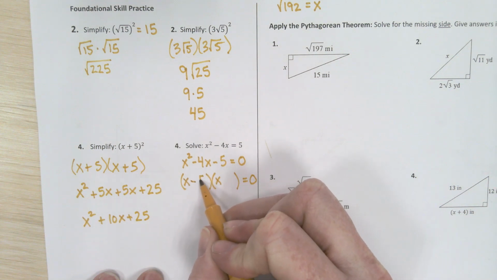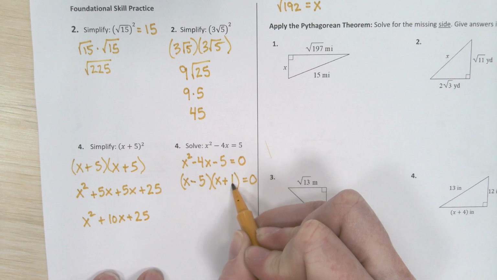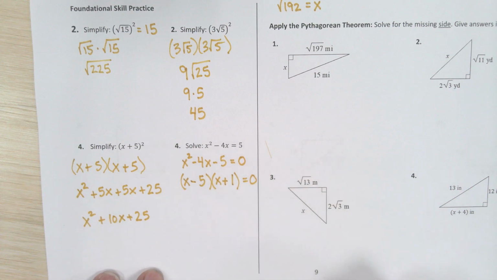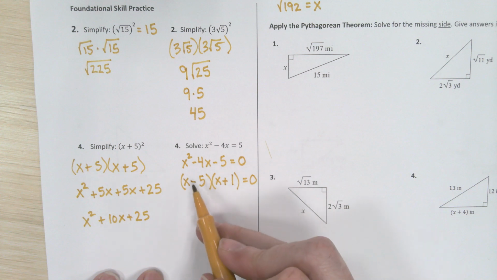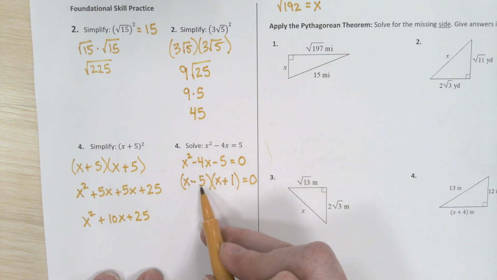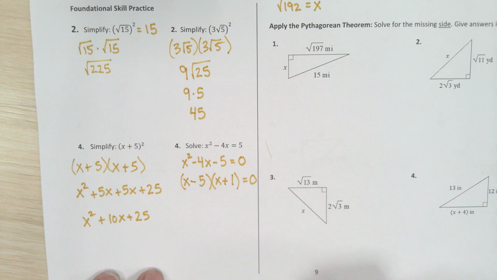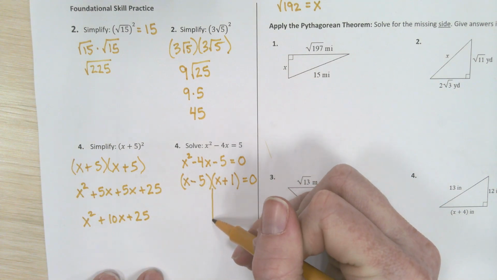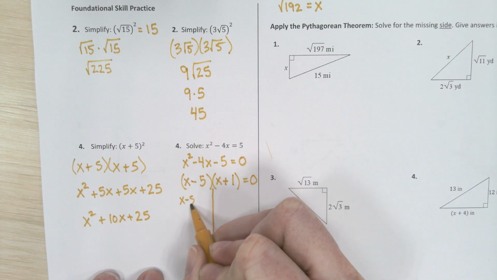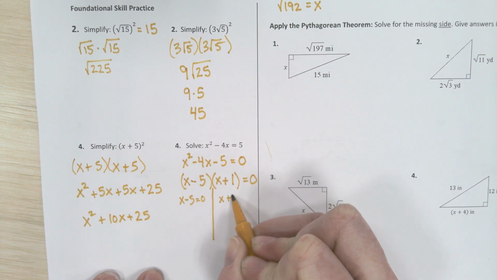So the only numbers that multiply to be -5 are going to be -5 and 1, or +5 and -1. But if I want them to add to make a negative, I need that 5 to be the negative value.